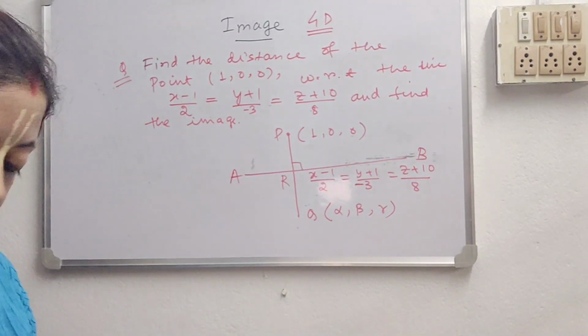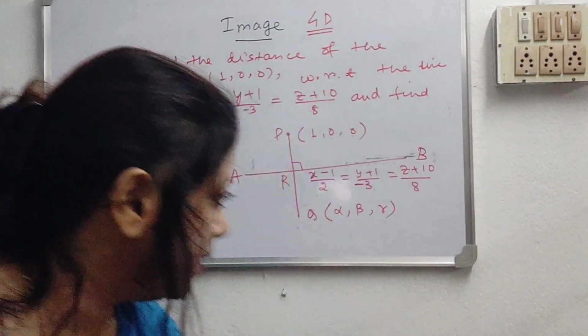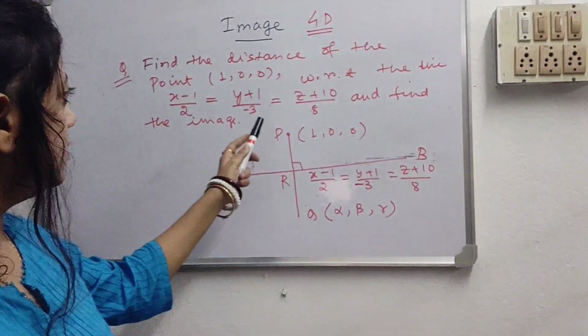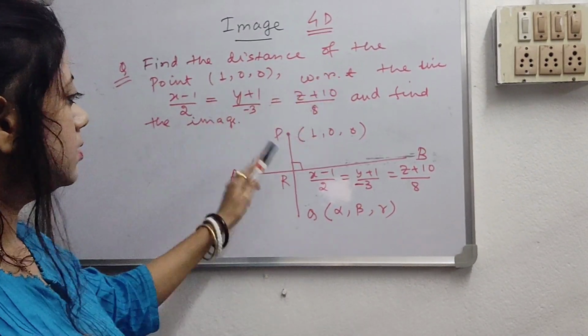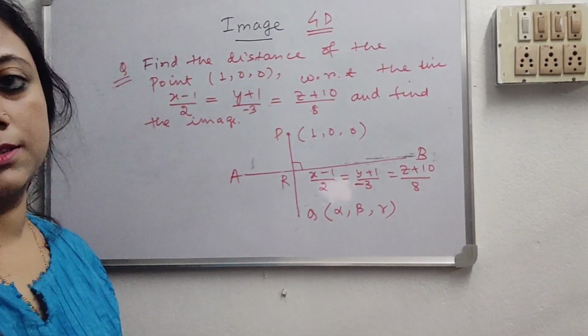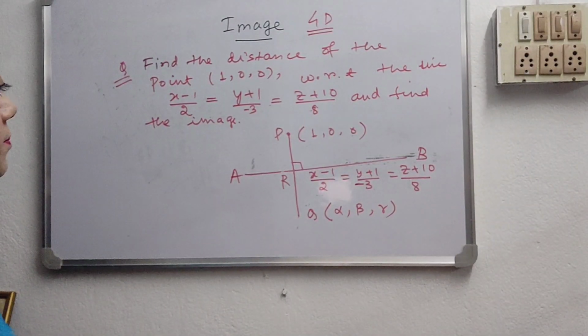Okay, so let's start. The first question is to find the distance of the point (1, 0, 0) with respect to the line. First I have to find this distance PR.